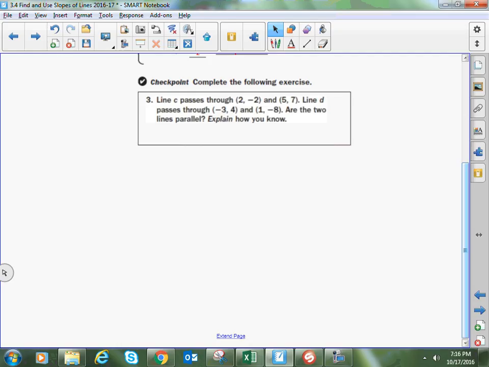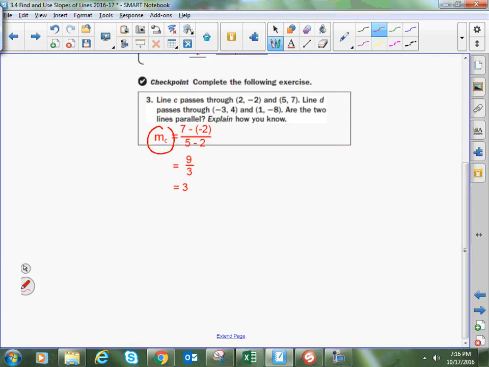All right, so I'm going to again presume that you've worked through everything that I've asked you to work through, and you're not just keeping the video on play to see what answer I come up with. So here, looking at the slope of the line, we're going to say the slope of line C happens to be 3. And that little lowercase m is representing slope, obviously.